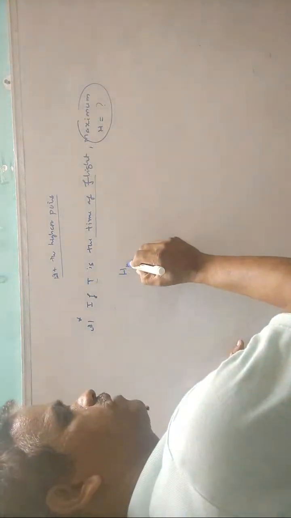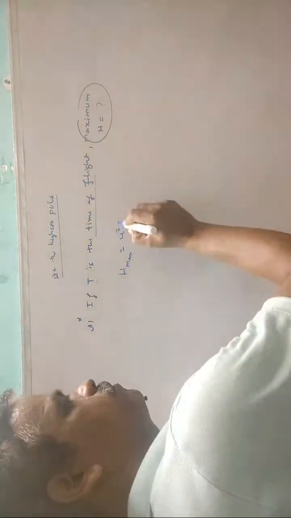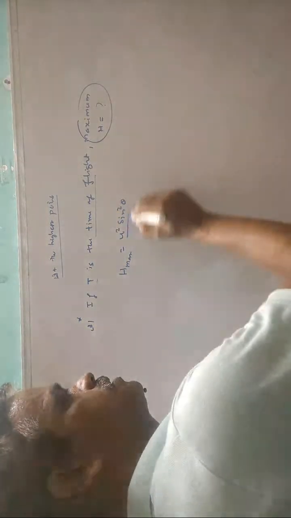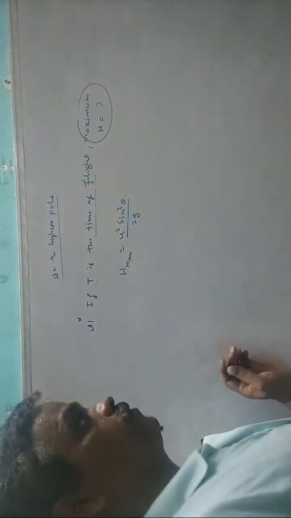Generally we have the maximum height formula u square sin square theta by 2g.